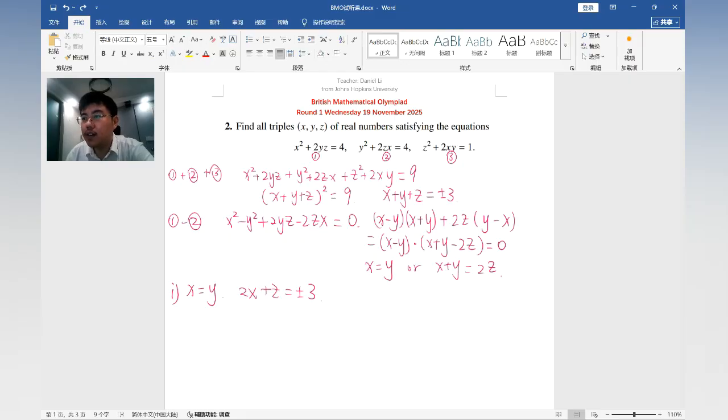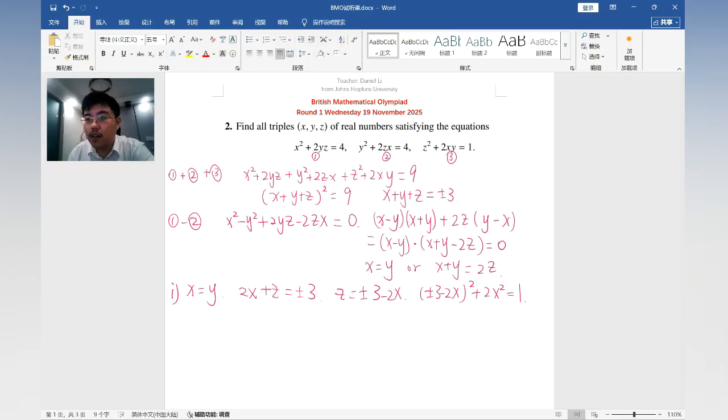So z equals to here, and we replace z with x, replace y with x in equation 3. So this is very easy for all of us. We just need to find the answer of x.